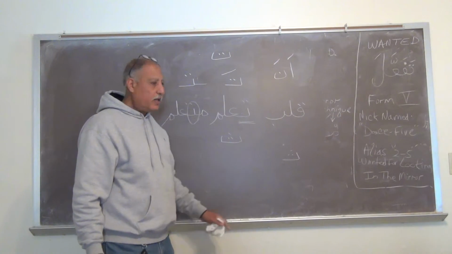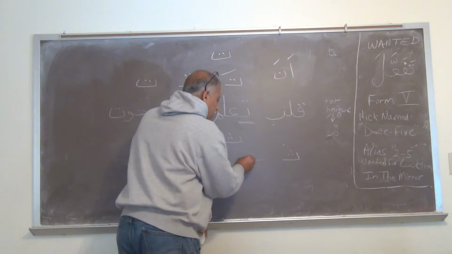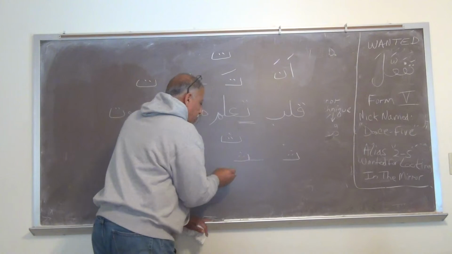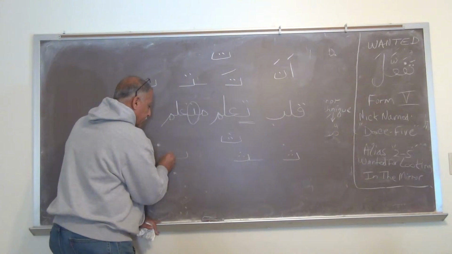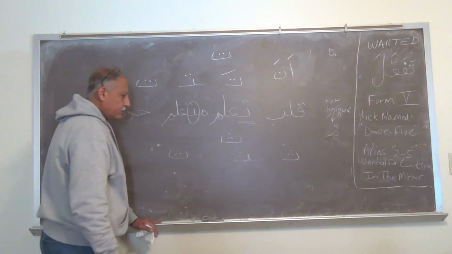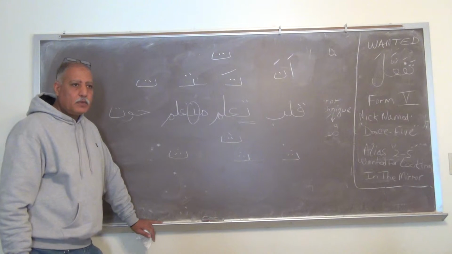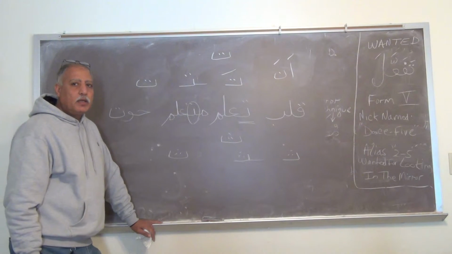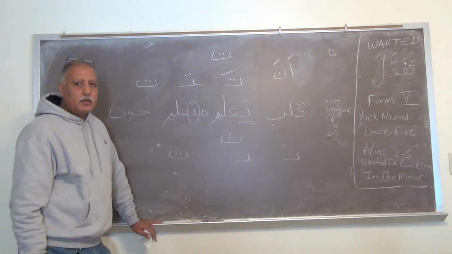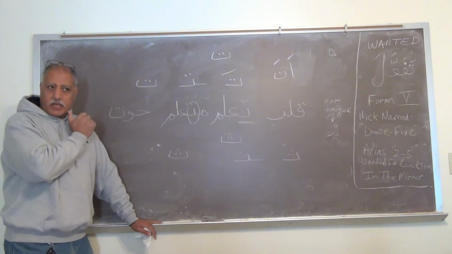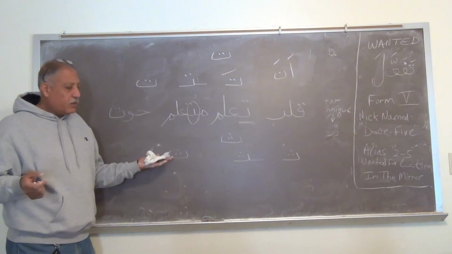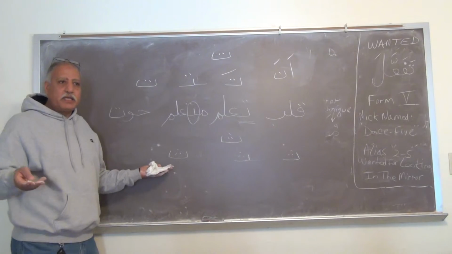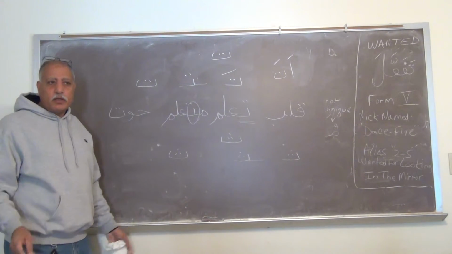In the middle of the word, and at the end of the word. Maybe Arabic looks a little bit like calligraphy, but it's so easy and so simple, and any letter in the word can be written the same way.